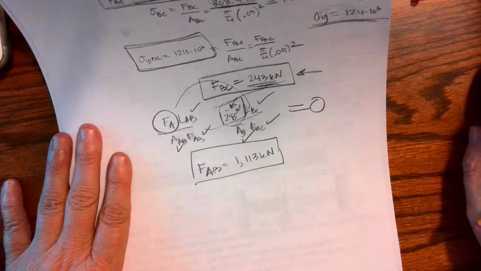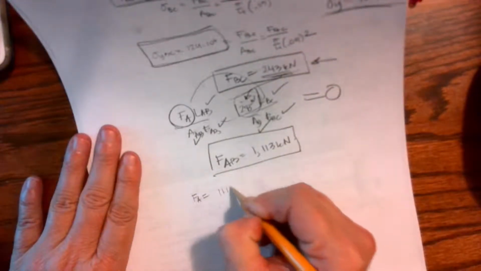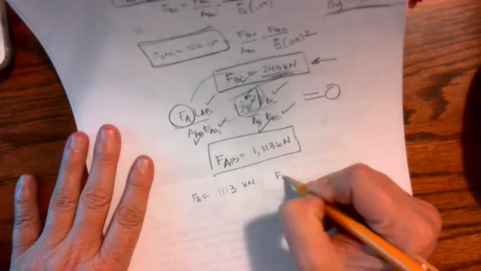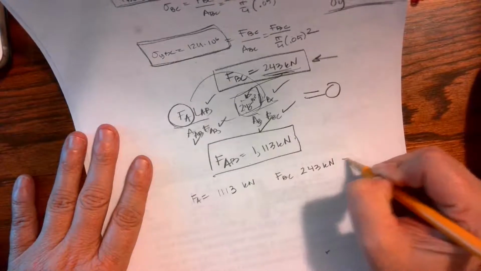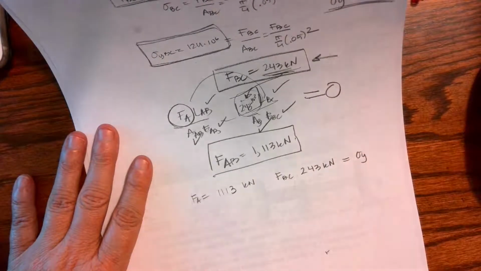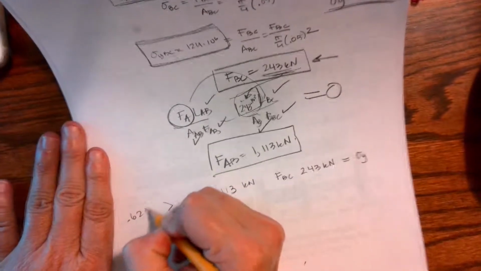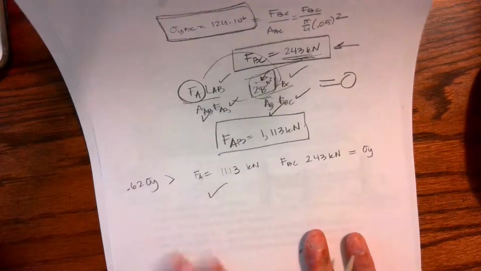So now I have a force in AB of 1113 kilonewtons, and I have a force in BC of 243 kilonewtons. This one is right at yield force. This one is less than 0.62 times yielding, so we are good to go. We are no longer yielding.